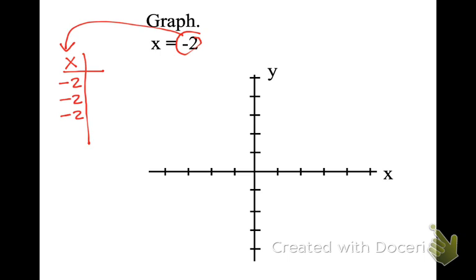And what you get to do is you choose your y's. Here you're going to choose your y's. So I'm going to choose 0, 1, and 2. And then I plot those points. So I go over 2, 0. I go over 2, up 1. I go over 2, up 2. And then I draw a line.